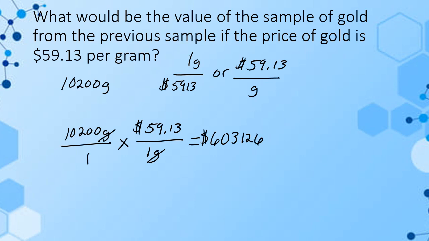We have to round that to 3 significant digits because our 10,200 only has 3 significant digits. So our $603,126 becomes $603,000. We would lose $126 to our significant figures, but I don't think anybody is complaining about an extra $126 on top of their $603,000.